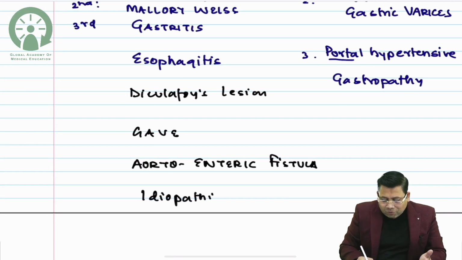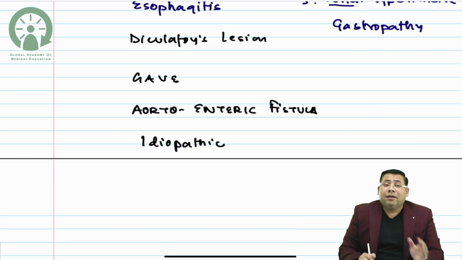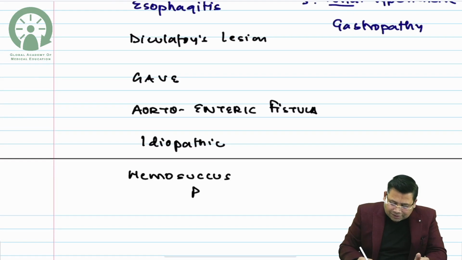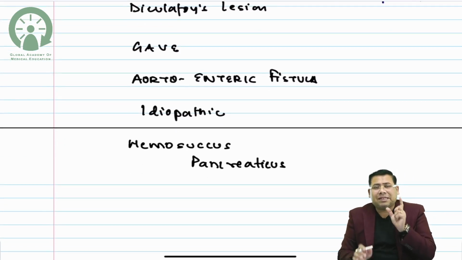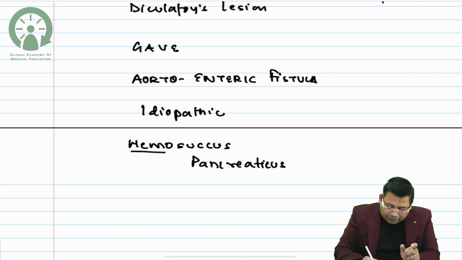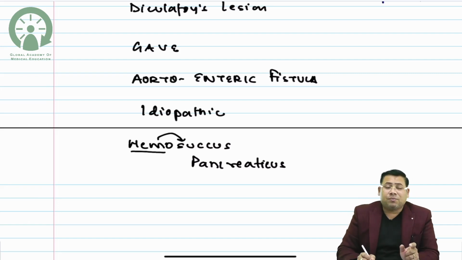There is one more thing that you need to understand, that is hemosuccus pancreaticus. Now what is hemosuccus pancreaticus? As you read the word, hemosuccus, succus means juice: blood in the juice of the pancreas. How is this possible?